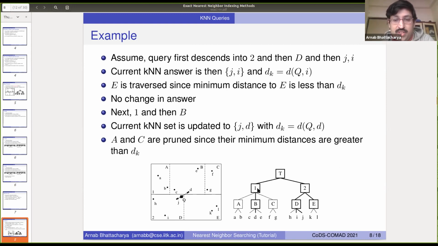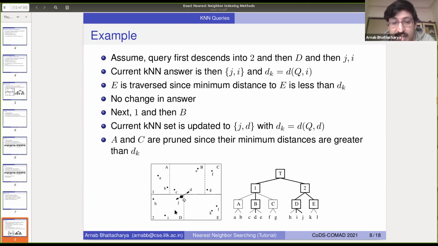At some point, you descend into either 1 or 2. Because Q is in 2, you will estimate that the answers are from box 2 and not from 1. Then you descend into box 2, and within box 2, you descend into box D, because D is closer than E.